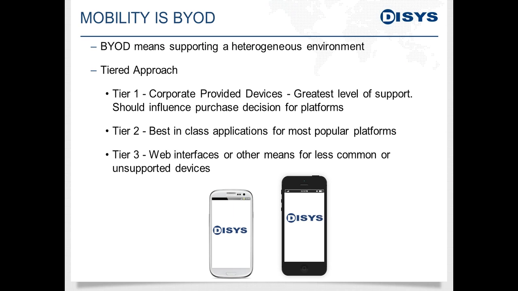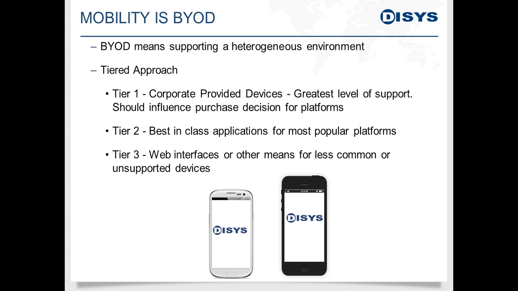So my recommendation is that you have a tiered approach. Tier 1, corporate provided devices. So if your company provides phones or mobile devices to your customers, that's the area, of course, with your greatest level of support. It may be that your choice of mobile device could be influenced based upon the services or data that you want your mobile workforce to have access to.